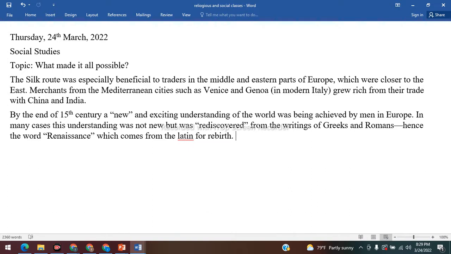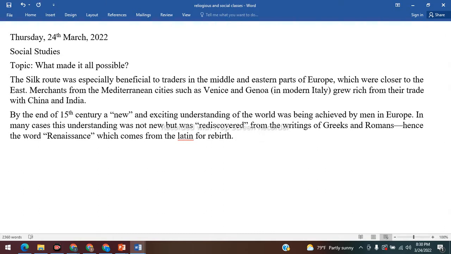It's called the Renaissance because it is a rediscovering of what was already there, and pieces were added on to make it more elaborate and greater. It means a rebirth of knowledge, because it wasn't being done for a while, and then the awakening started again. That's the word Renaissance.